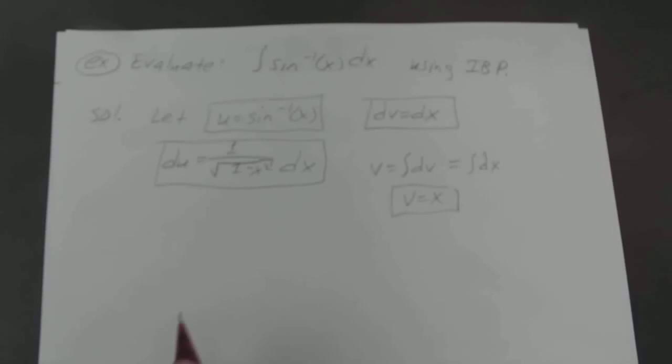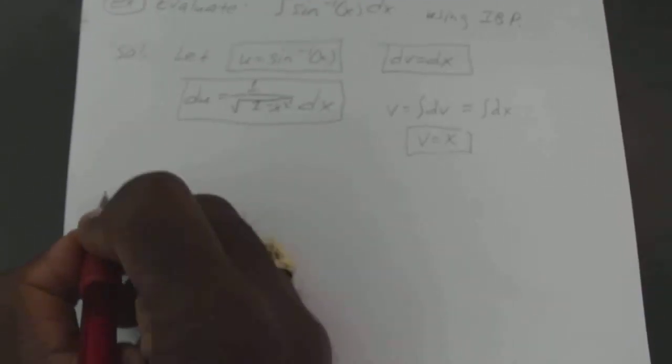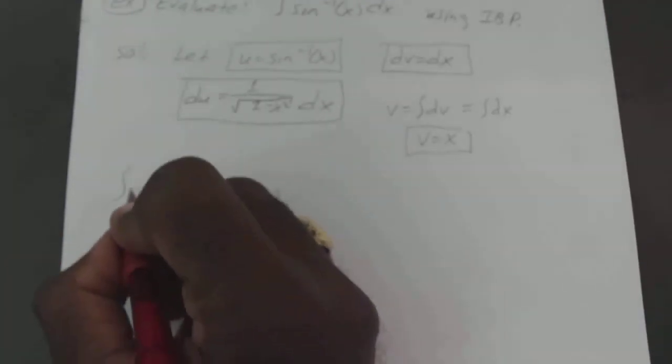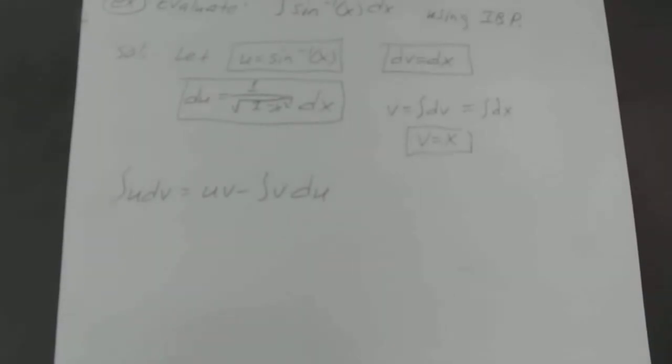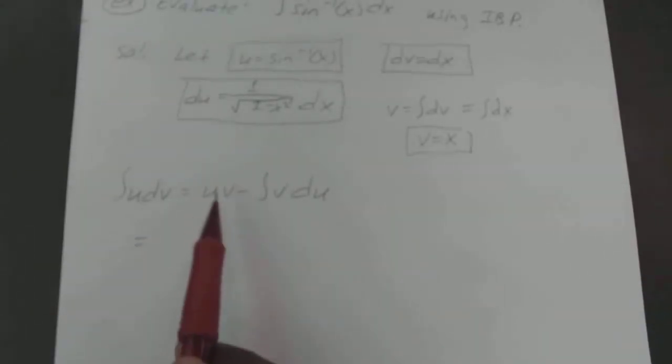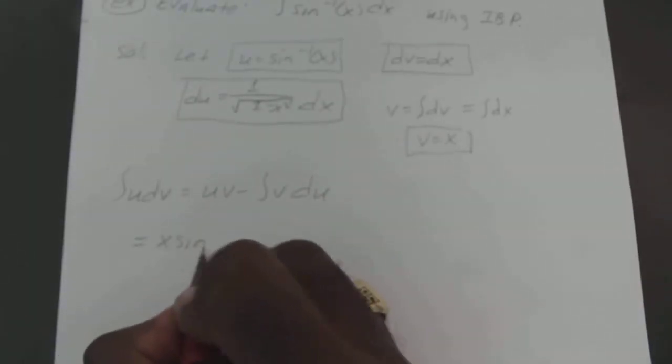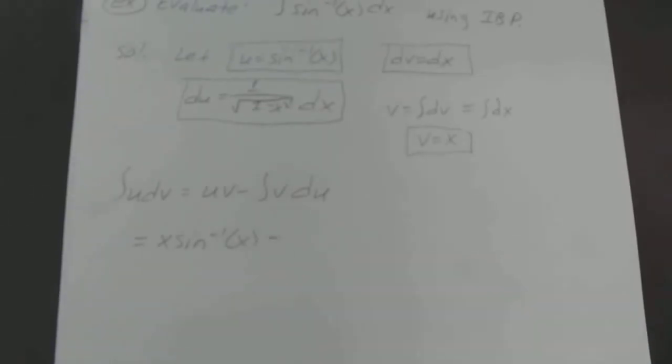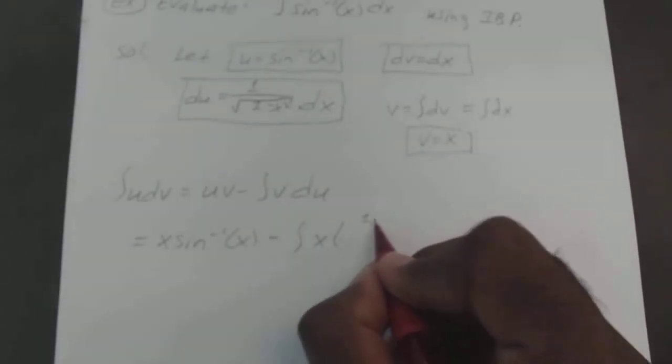Okay, so now we just go ahead and plug it in just like we did before. The integral of u dv equals uv minus the integral of v du. So uv, just x sine inverse of x, minus the integral of v du.